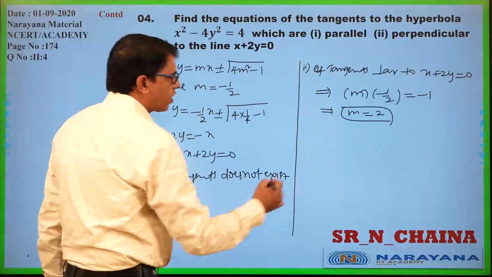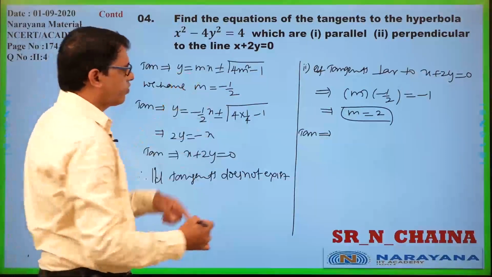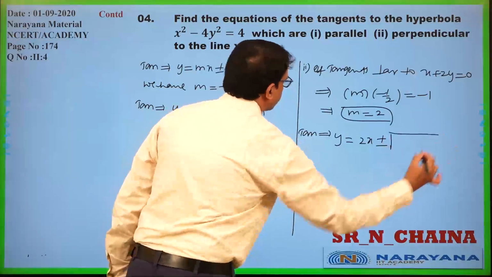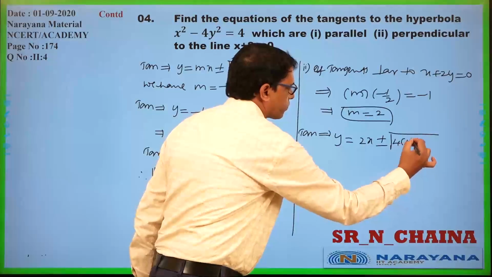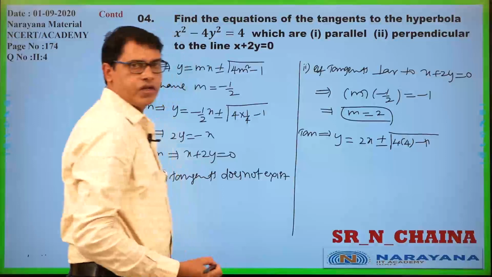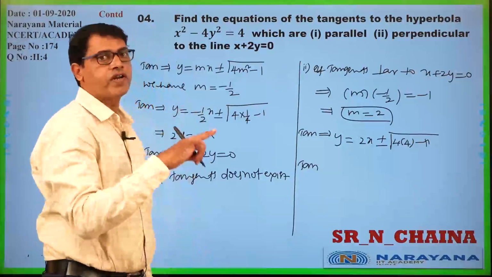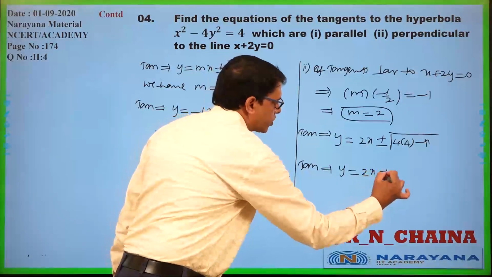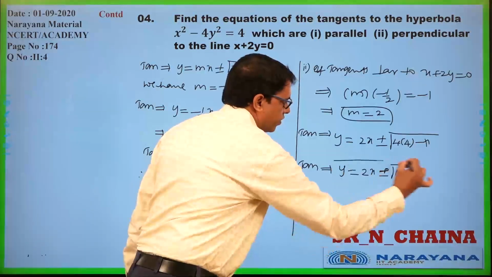Therefore the perpendicular tangents: y is equal to 2x plus minus root under 4m square minus 1, so 4 into 4 minus 1. The tangents perpendicular to the given line are y is equal to 2x plus minus root of 16 minus 1, that is 15.